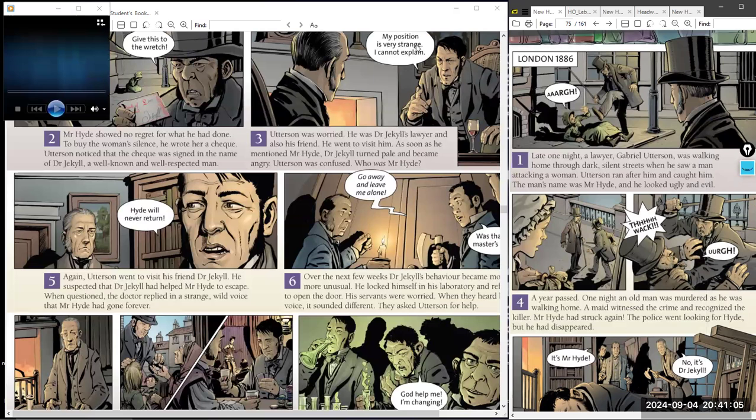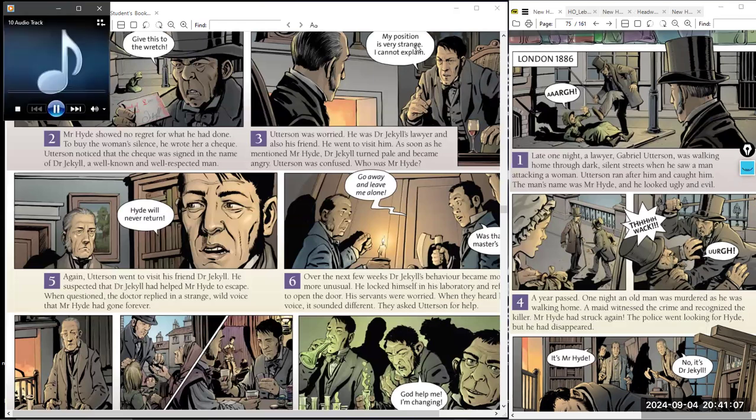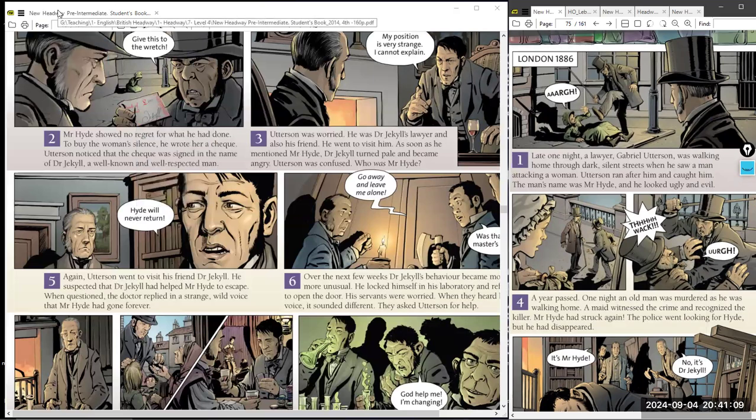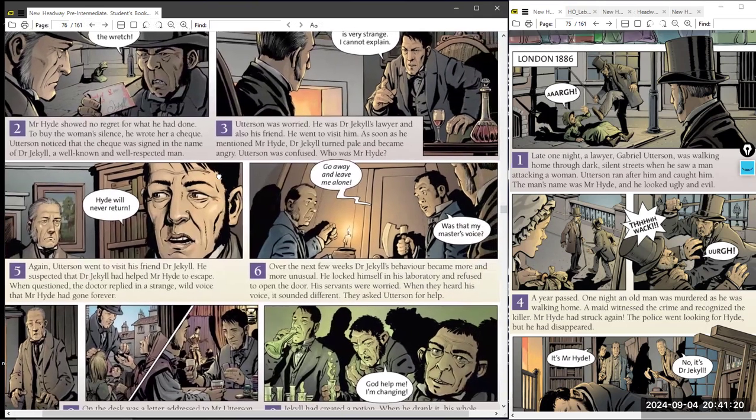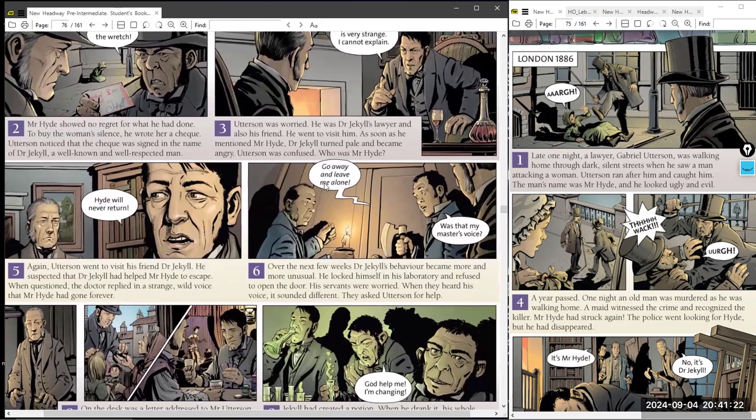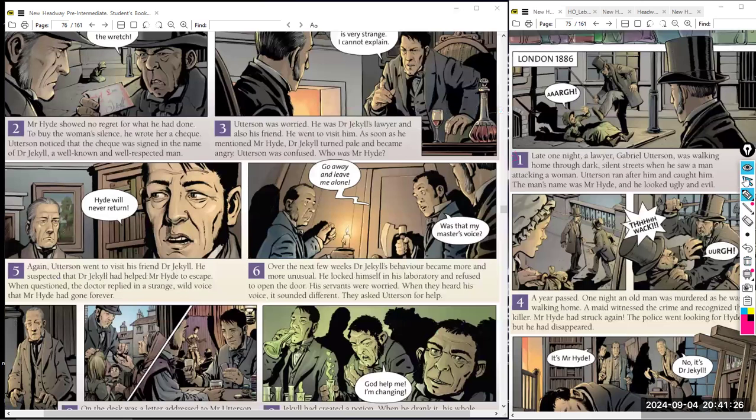Please follow the speaker. Tape script 9.10. The Strange Case of Dr. Jekyll and Mr. Hyde by Robert Louis Stevenson. London, 1886. One.